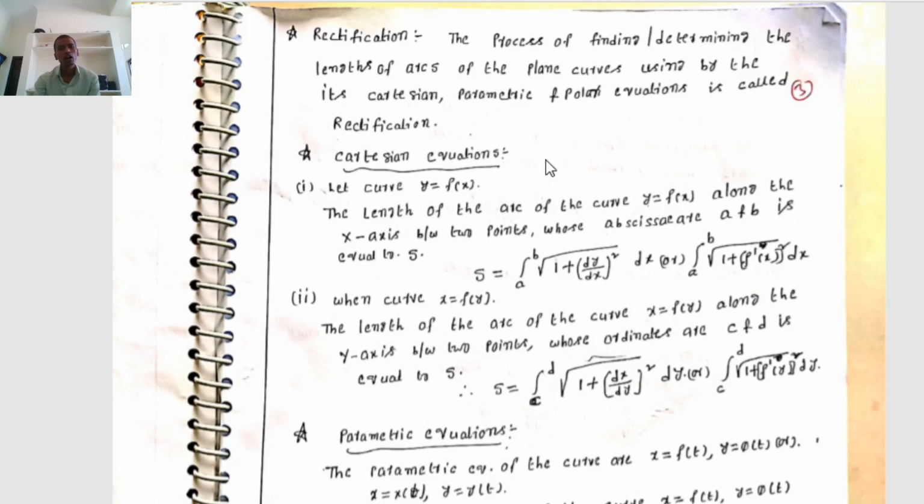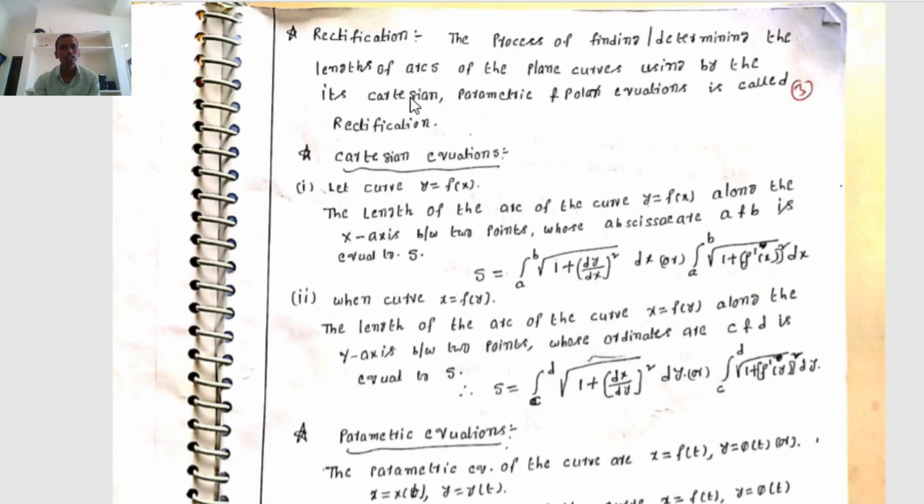Any arc or curve is given in an equation form, Cartesian, parametric or polar. We have to find the length of the arc using some formulas, and this is called rectification. Rectification means the process of finding the length of the arcs of plane curves, for example a curve defined as y equal to f of x on the xy plane.